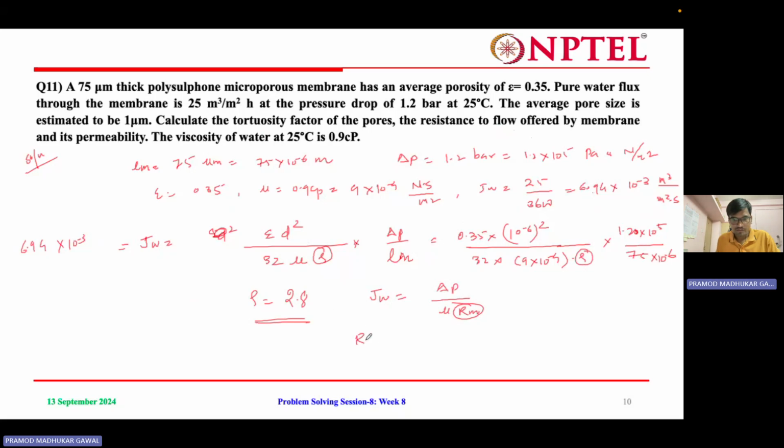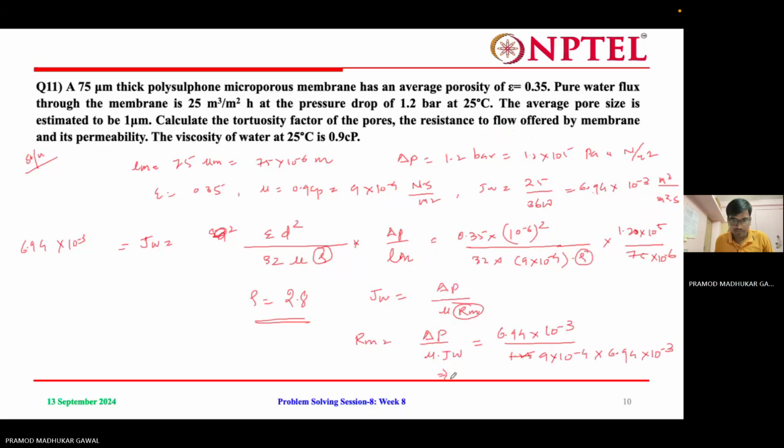So RM is equal to delta P by mu into JW. So 1.2 into 10 to the power 5 divided by 9 into 10 to the power minus 4 into 6.94 into 10 to the power minus 3.